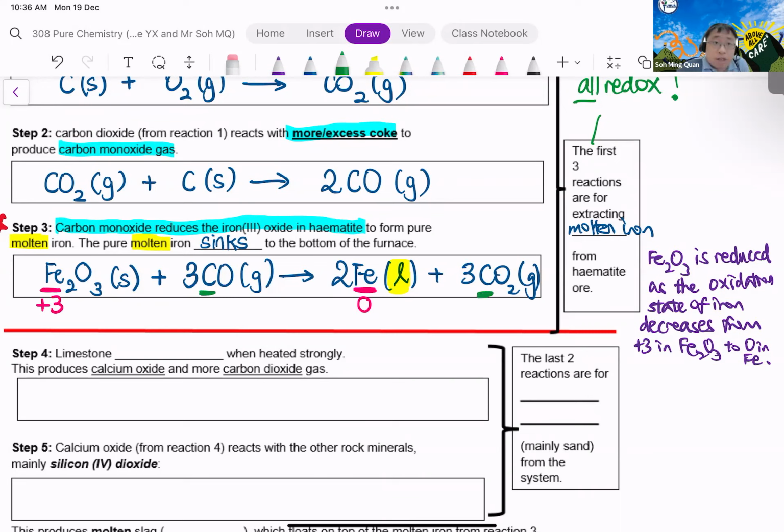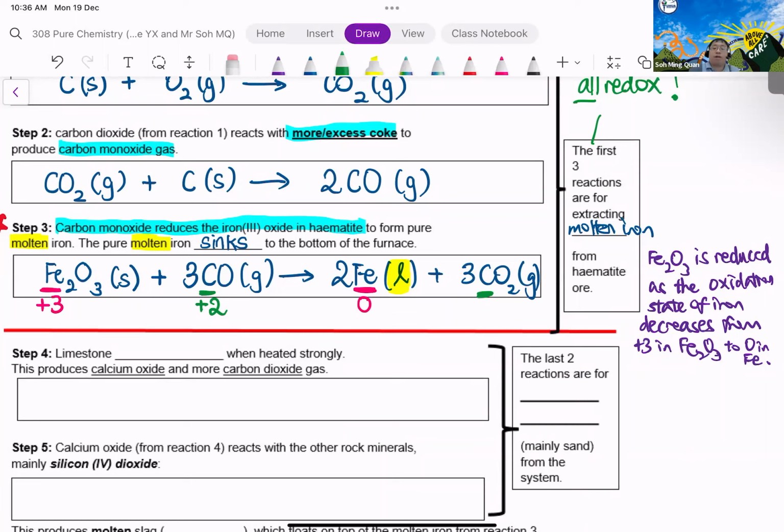We do not work out the oxidation state of oxygen because oxygen is usually -2 in the compound. So we should work out other non-metals like carbon. Carbon is present at the start in CO, carbon monoxide. What is the oxidation state of carbon in CO? It's +2, because oxygen is -2, so carbon must be +2.